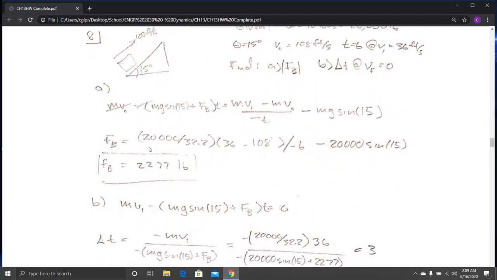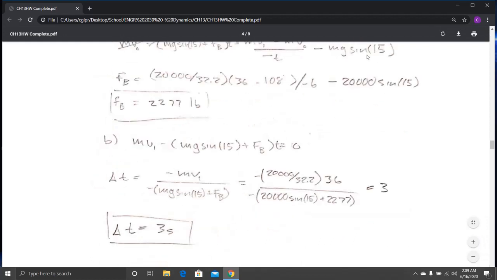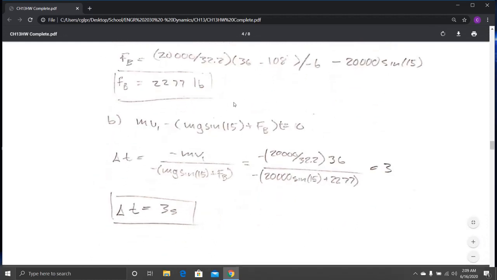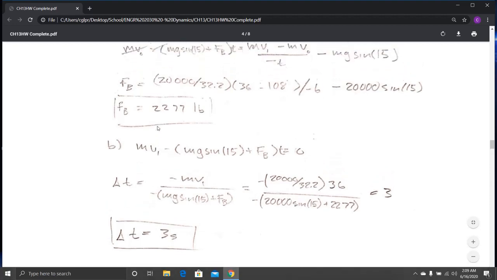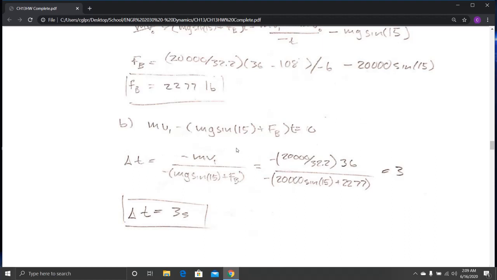For part B, I have to find the additional time required for the velocity to equal 0. Again, the initial momentum in this situation is going to be the second velocity I'm given, which is 36, minus the integral of the force, which is the same, is going to be equal to the final momentum, which is 0, because that final velocity is going to be equal to 0.